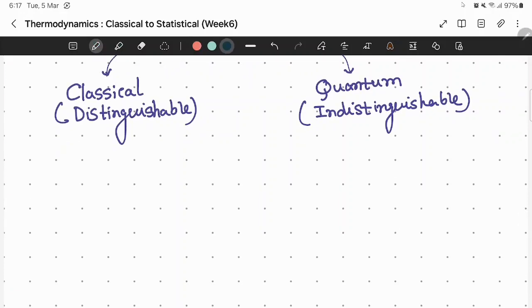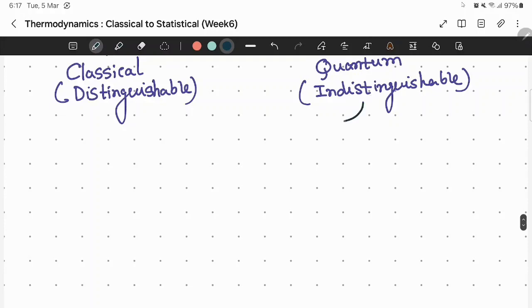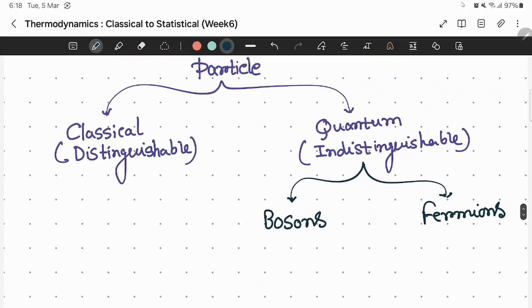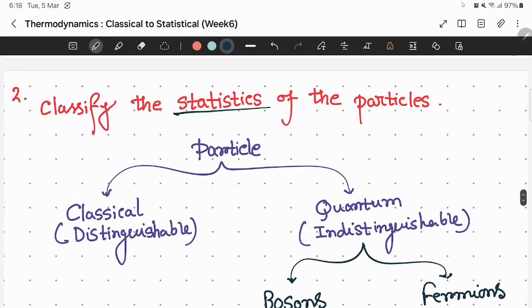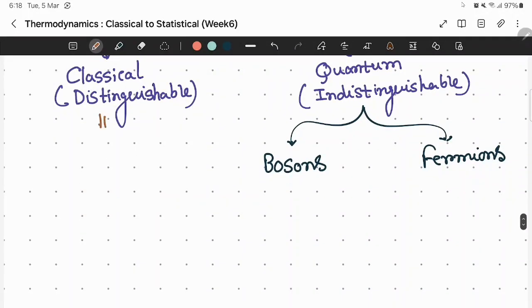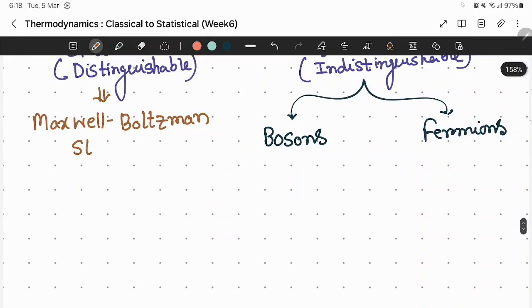Now, these indistinguishable, quantum mechanical particles have two categories: bosons and fermions. Now they have asked the statistics of the particles. Classical particles follow Maxwell-Boltzmann statistics, or in short MB.